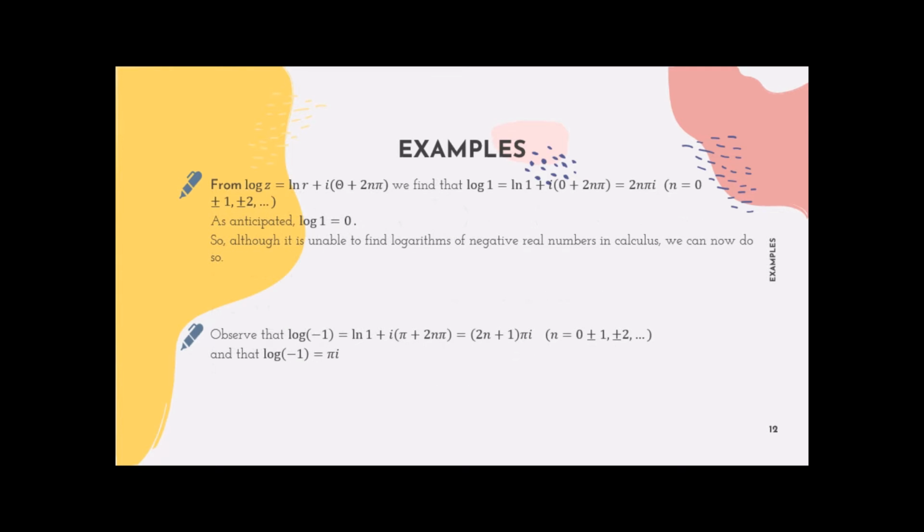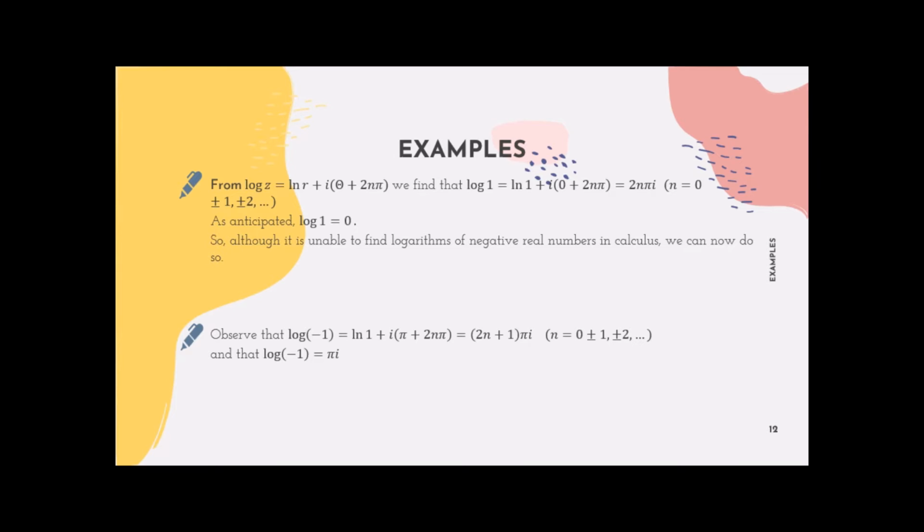For the second example, from log z = ln r + i(θ + 2nπ), we find that log 1 = ln 1 + i(0 + 2nπ) = 2nπi for n = 0, ±1, and so on. As anticipated, Log 1 is equal to 0.